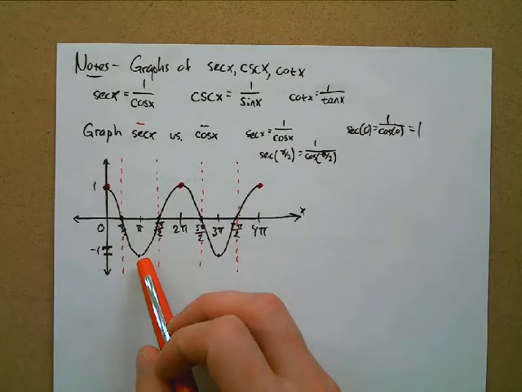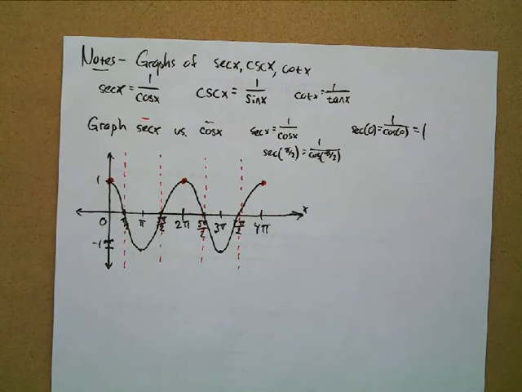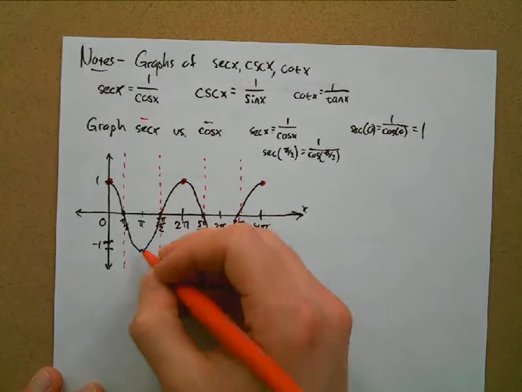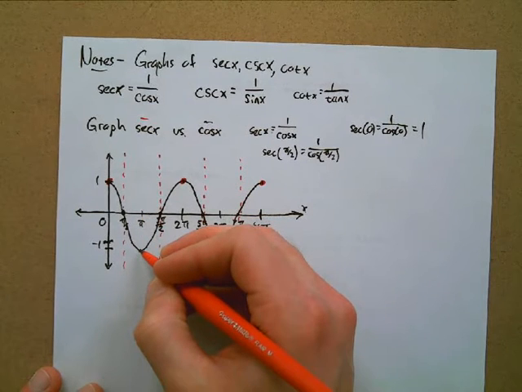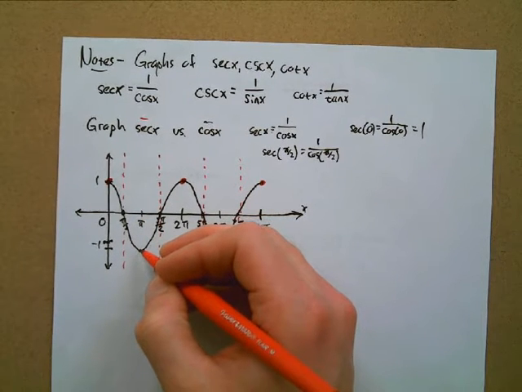The reciprocal would be 1 over -1. So what's the reciprocal of -1? -1. No surprises, it's just -1. So at pi, cosine of pi is -1, and the reciprocal, which would be the secant at pi, would still be -1. 3 pi as well, -1.